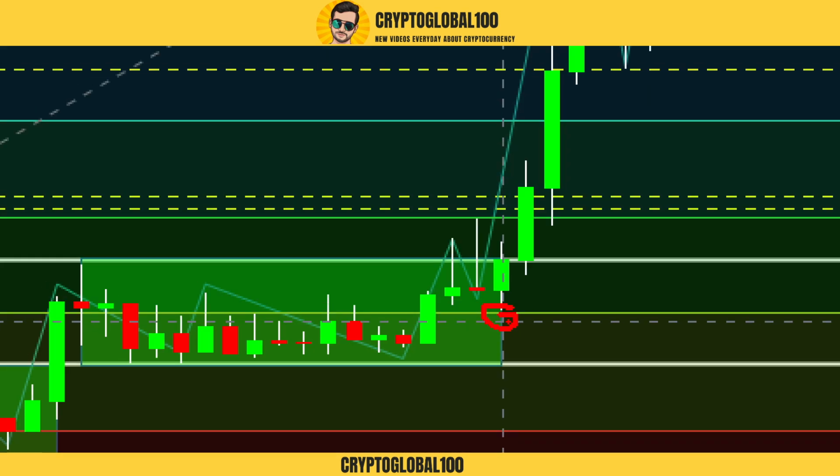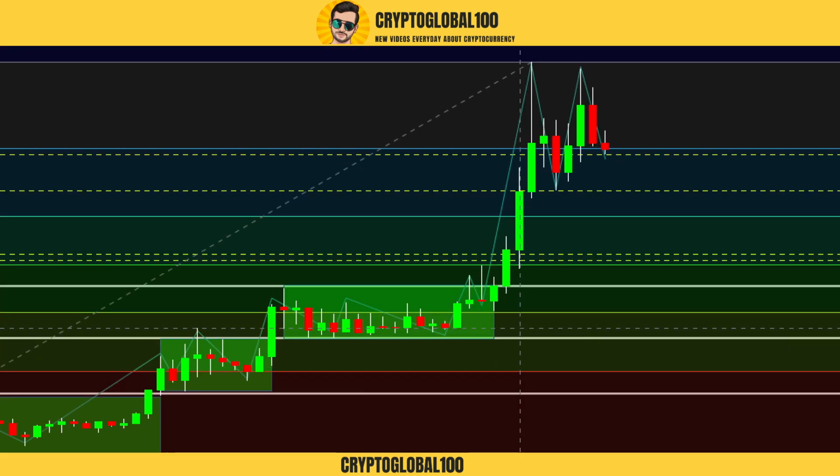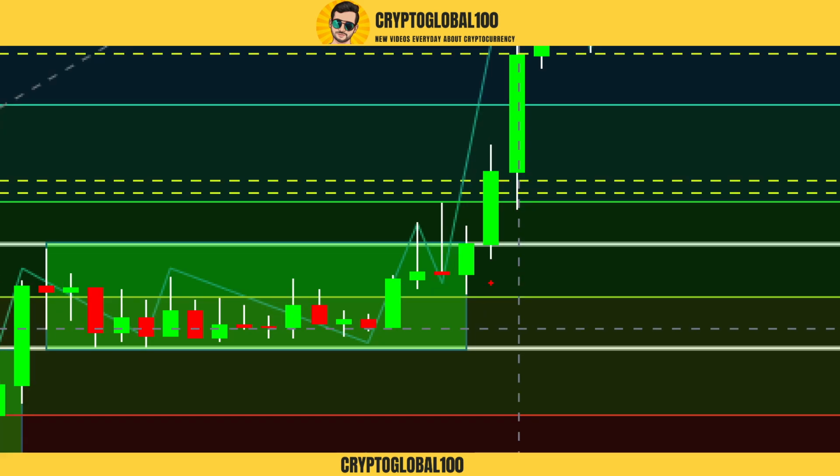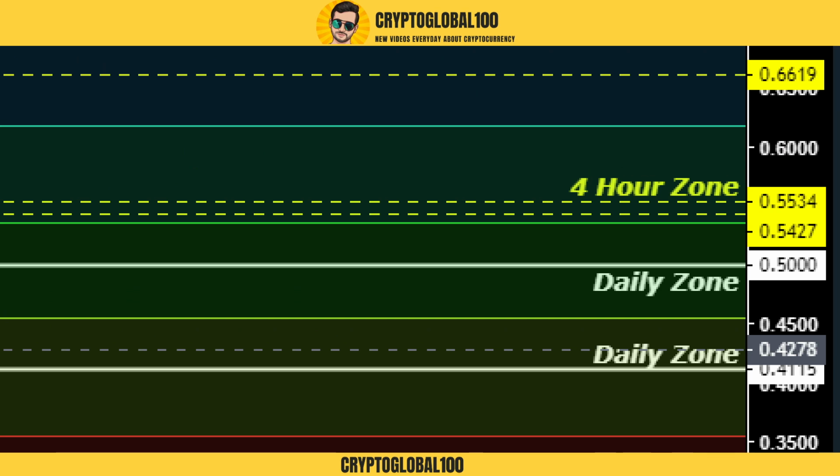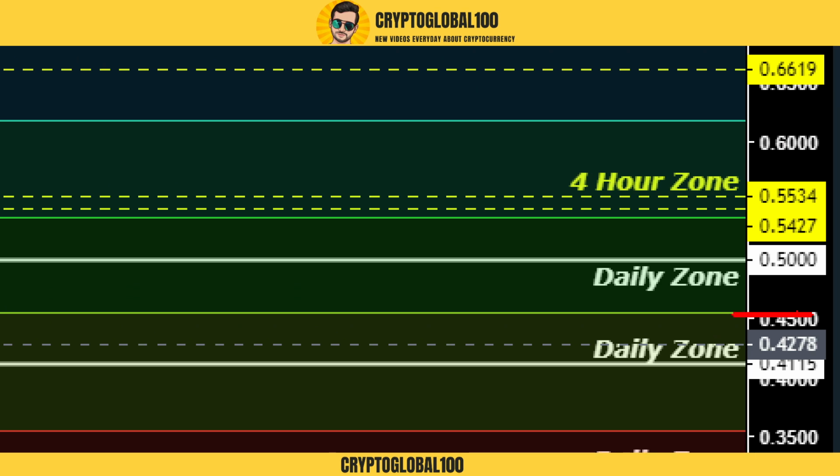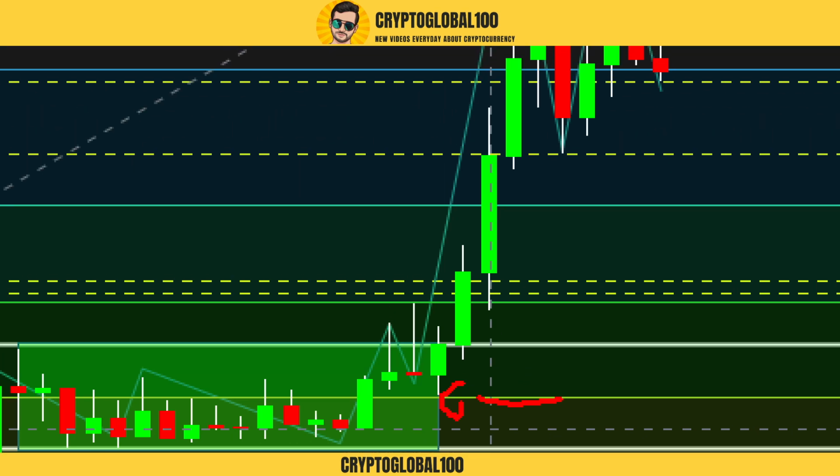Here you see, two weeks, two weeks, both were rejected from this level, making it a support zone. This was 0.5.